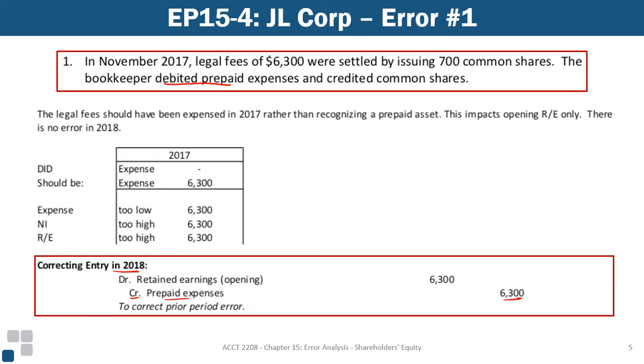If we would have properly recorded the expense in the prior year, we would have debited the expense. But because the year's closed, 2017 is closed, we have to debit retained earnings instead. So debit retained earnings, credit prepaid expenses, and this error is taken care of.